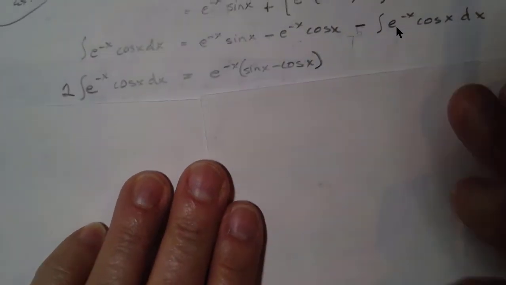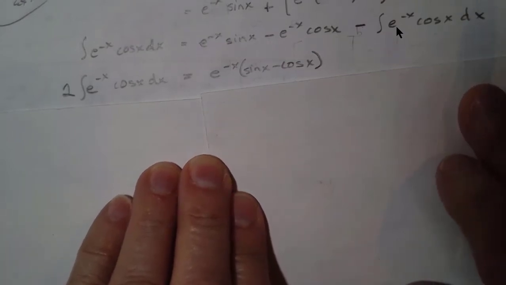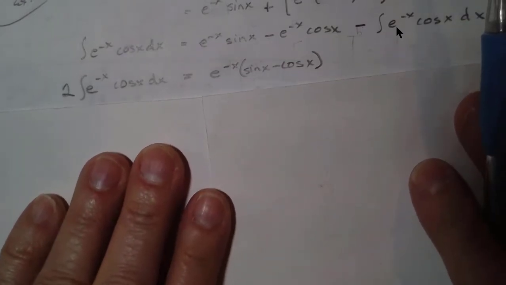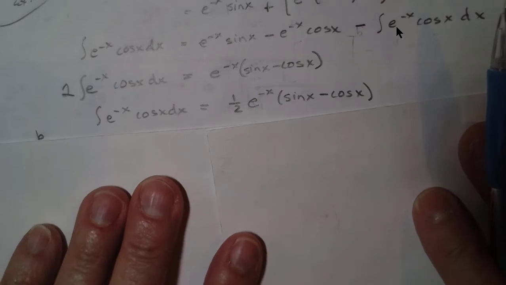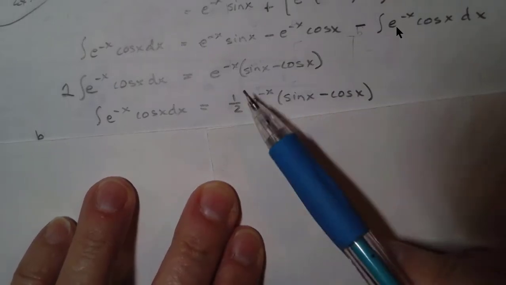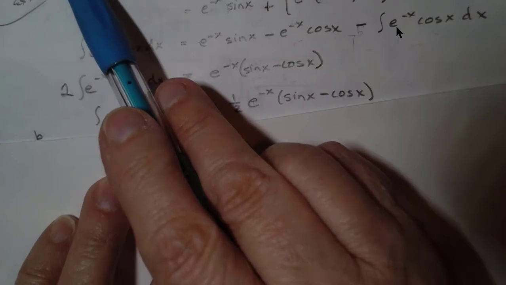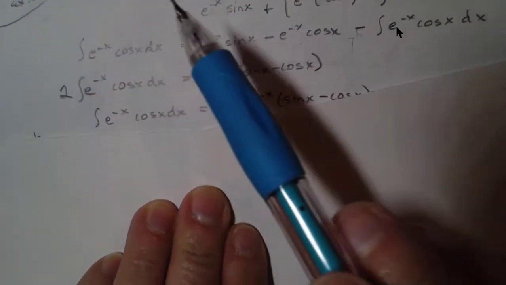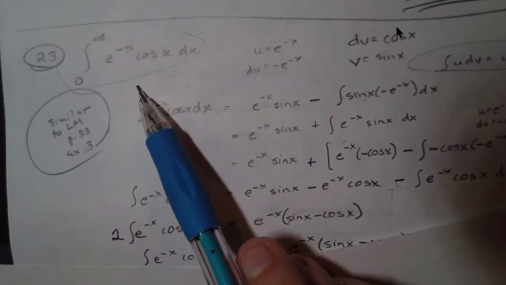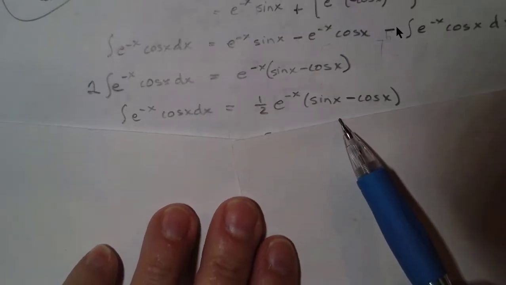You probably remember when we did that in class. It was actually one of the videos. And now we can divide by 2. So finally, what we now know is this integral up here at the beginning of our problem becomes this.